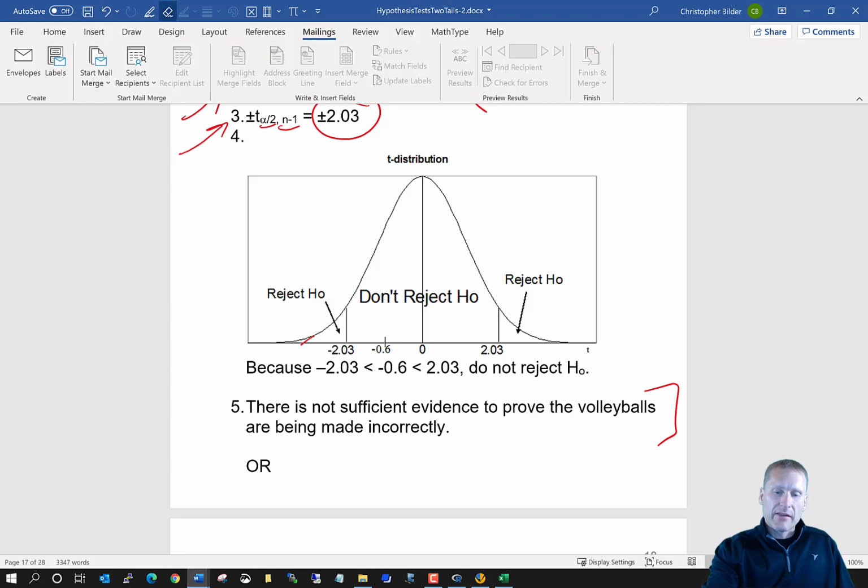If instead, let's say the test statistic was here, and we look at the area to the left, we can see that area is a lot smaller than if we would look at the entire area to the left of that critical value. So because of that, since that area is smaller, that means, again, we have an unusual situation occur, so let's reject H0.